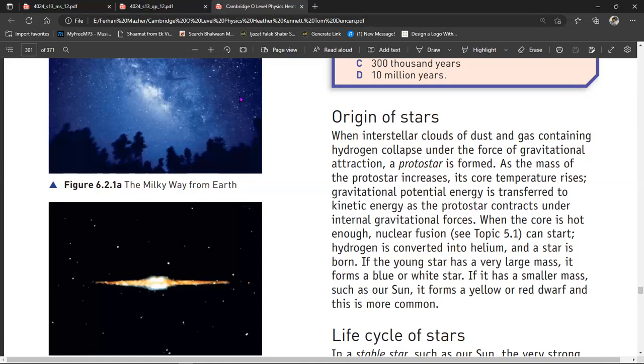When the core is hot enough, nuclear fusion can start. Hydrogen is converted into helium and a star is born. If the young star has a very large mass, it forms a blue or white star. If it has a smaller mass, such as our sun, it forms a yellow or red dwarf, and this is more common.